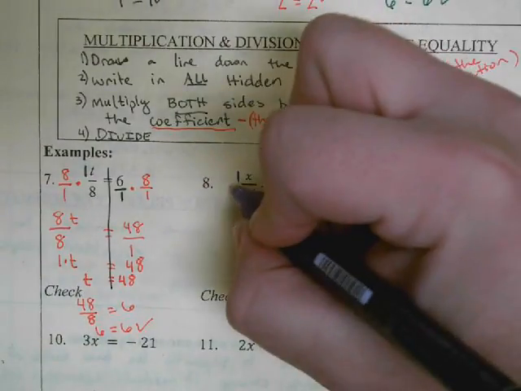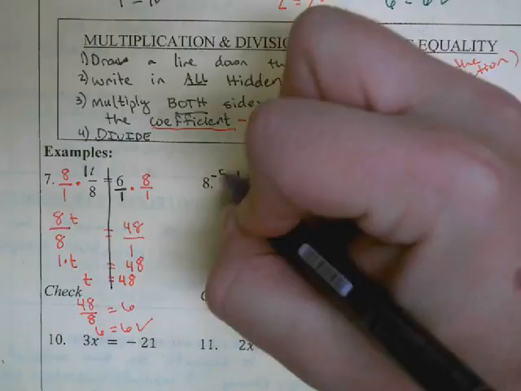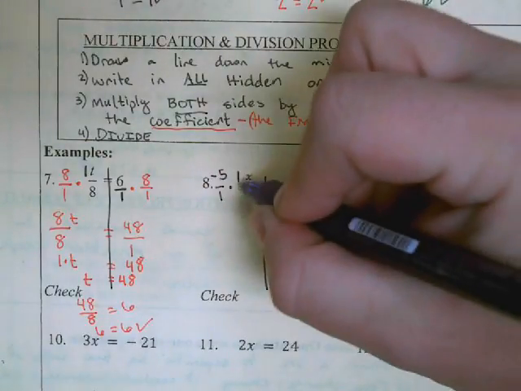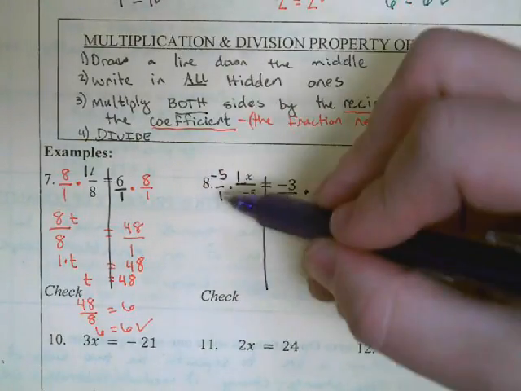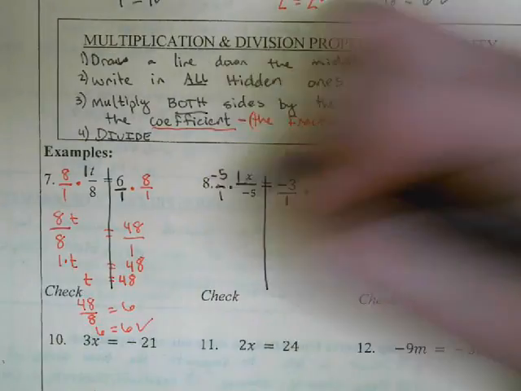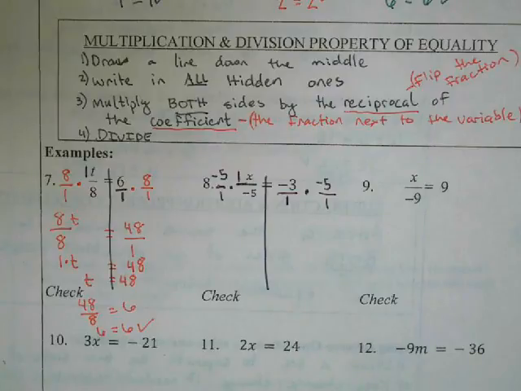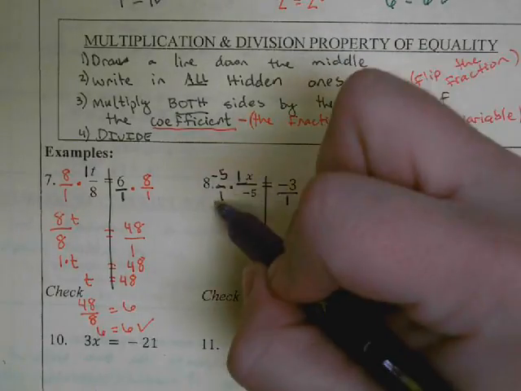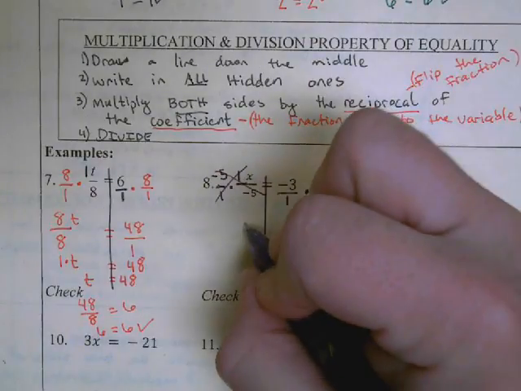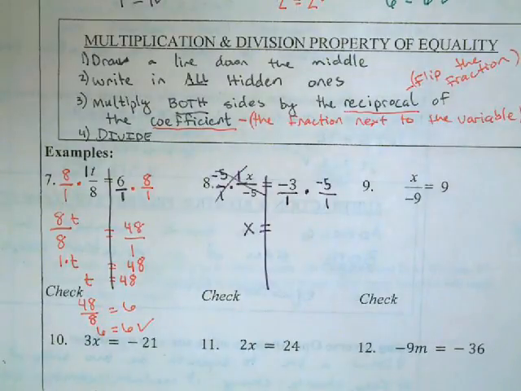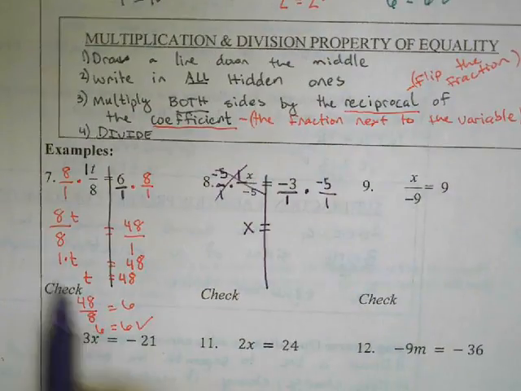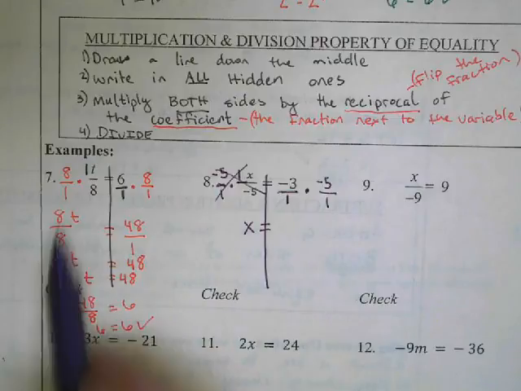Now I'll multiply both sides by my negative 5 over 1, my reciprocal. If I have 1 over negative 5, then I'm going to multiply by negative 5 over 1. And if we do it to one side, we will do it to the other. Now what happens is these cancel each other out, and I have just x by itself. So we don't have to do all this writing like we did in number 7. I just wanted to show you why this works.